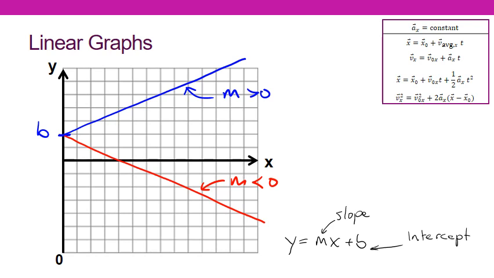In this case, b is positive, but if b were negative, we might start down with an intercept down here. And then we would have m be positive, or we could have m be negative, and both of these also then are linear graphs, right? So this gives you the shape of a graph, and the function is y equals mx plus b.